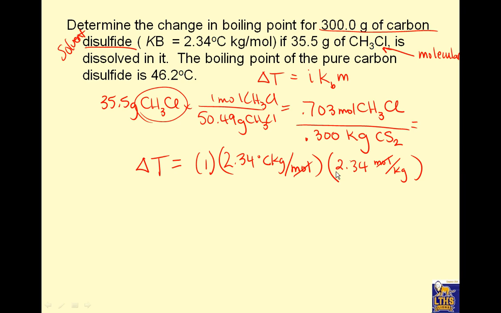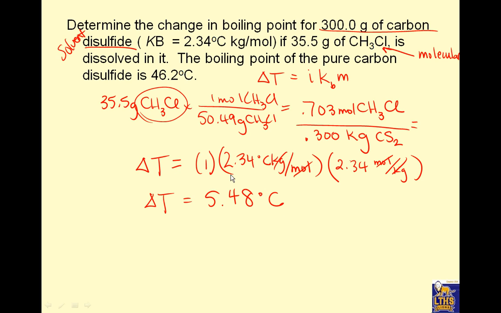This doesn't seem right. That cancels that. That cancels that. We get to pause on that one. So I find out that my delta T, let me just multiply this out, 1 times 2.34 times 2.34 is delta T equals 5.48 degrees Celsius.